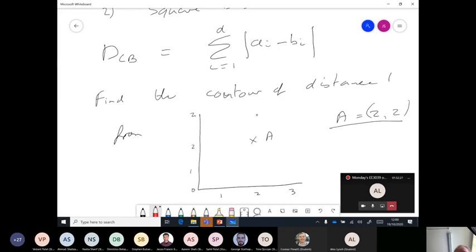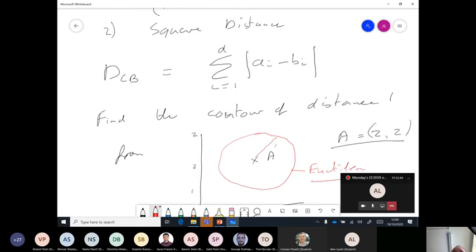I'll draw that on as carefully as I can. The Euclidean distance is going to be a circle, radius 1. That is the Euclidean. Now you find the contour of equidistance for the city block using that equation there.